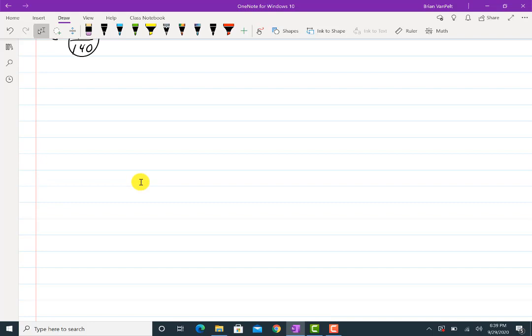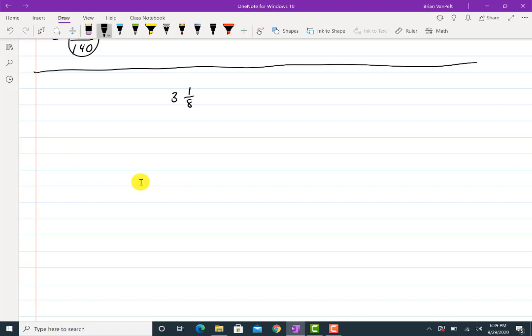Let me show you something that you learned in school years ago. Usually when you were in elementary school, they would say, take that thing and turn it into an improper fraction. So convert.